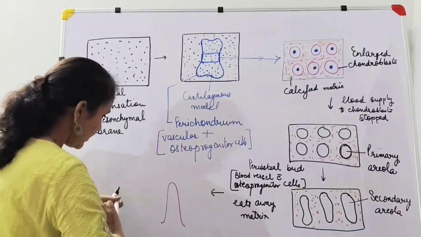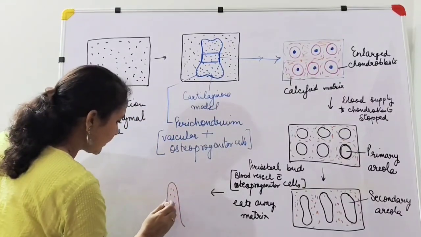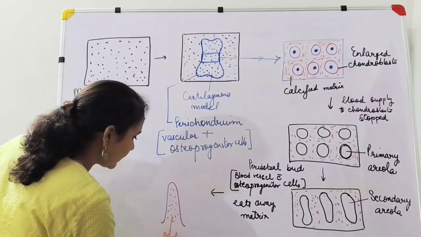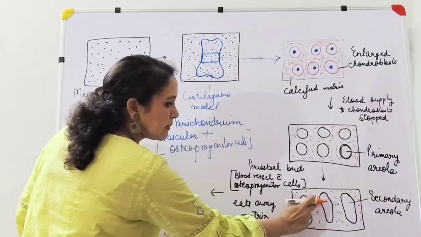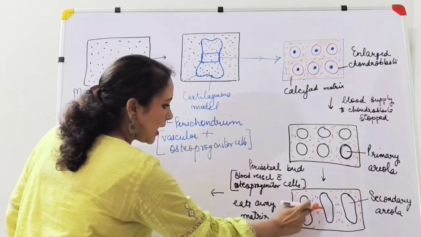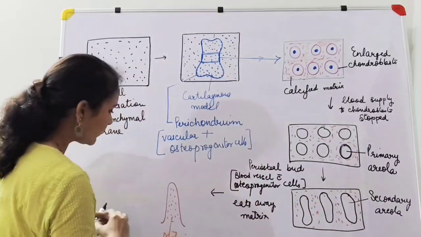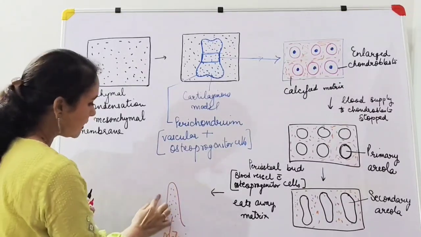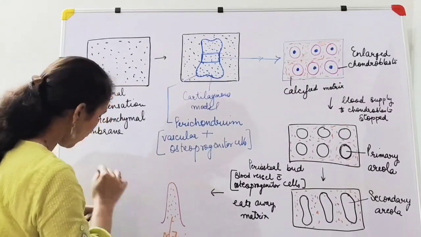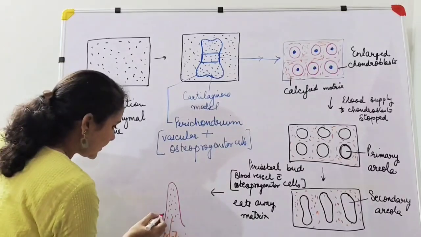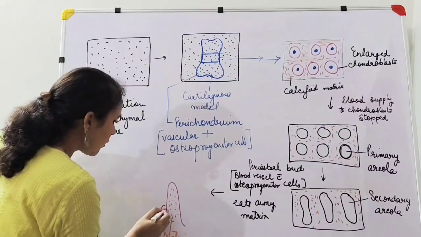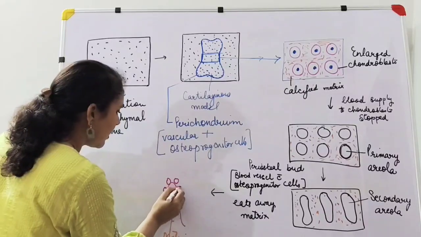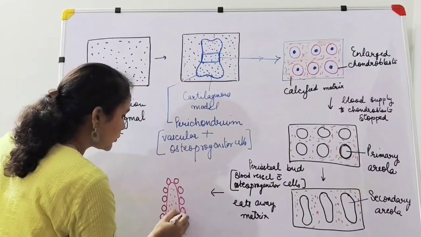This is the calcified matrix in between, and then we have the periosteal bud, that means the artery along with the osteoprogenitor cells, which will now enlarge and form the osteoblast.